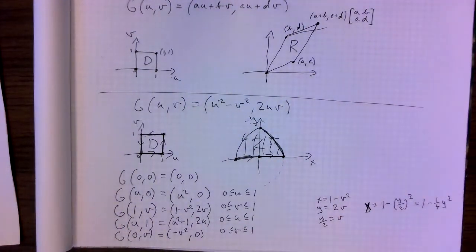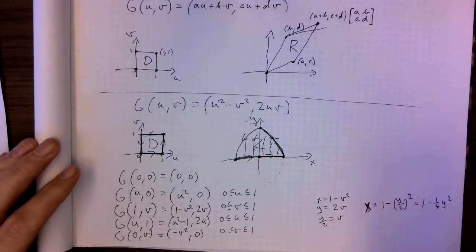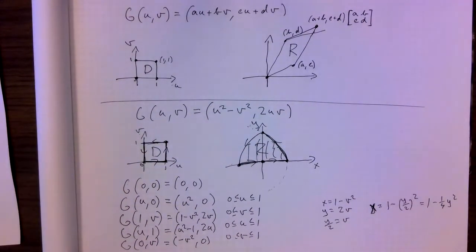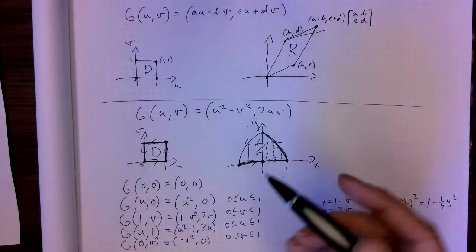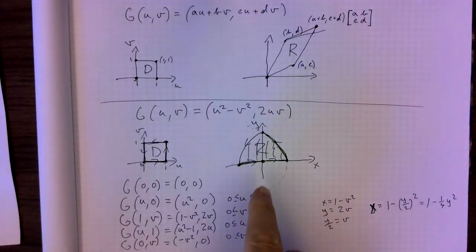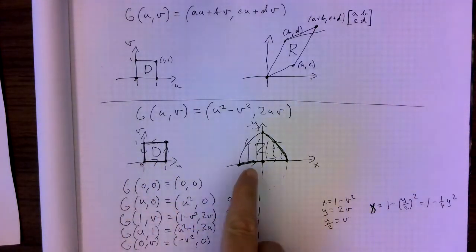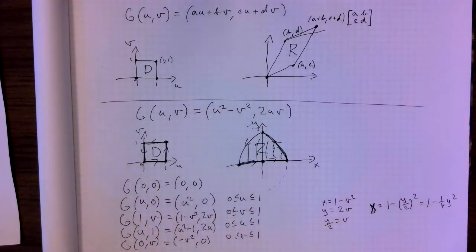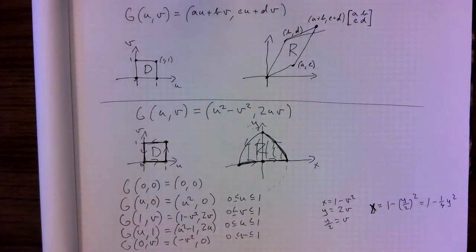It can be somewhat difficult to find what R is. And actually for integration, you usually know the R you're trying to figure out. You're trying to make it into the image of a rectangle because we know how to integrate over rectangles. That's one of the biggest applications of this, making the region simpler.